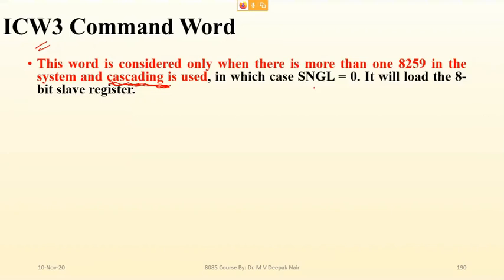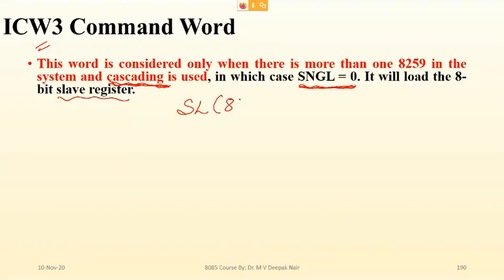In that, there is one particular bit called SNGL, that is single, which can be equal to 0 or 1. That will tell you whether there is only one master or there is master plus slaves. And remember, there is one slave register, the SL register.